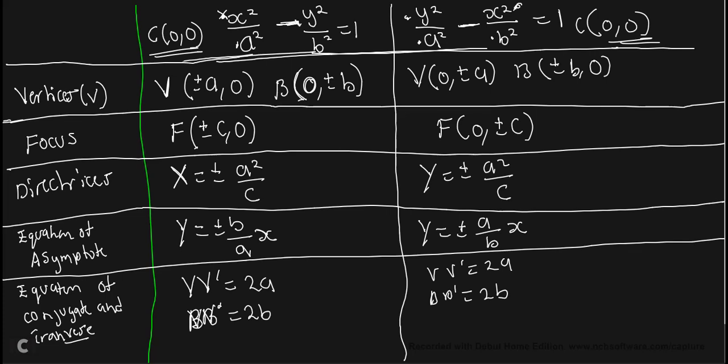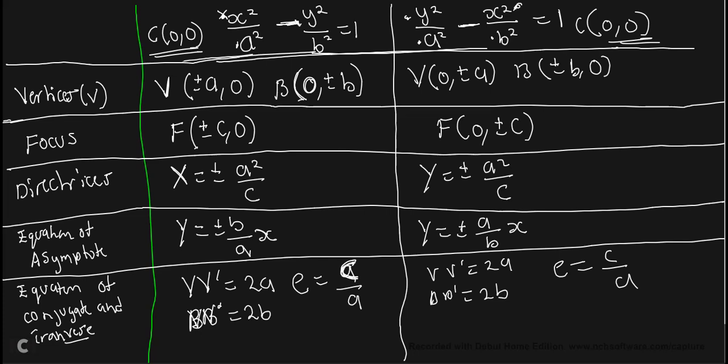Then eccentricity still remains e equal to c on top over a. That's eccentricity. So c over a still remains the same. Then the next one is how do we find c?